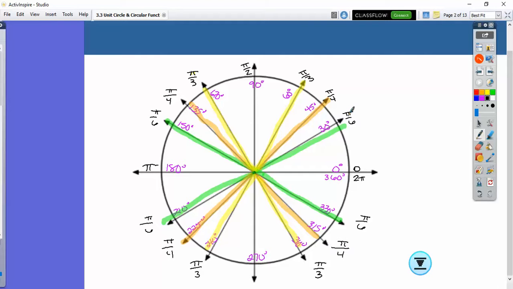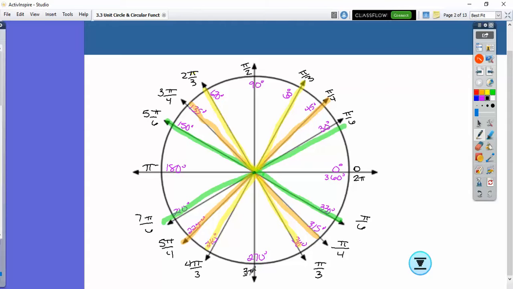What's the pattern in the second quadrant? One less, because it's smaller than 180. So it'll be 5 over 6, 3 over 4, 2 over 3. And then the third quadrant is one more. So 7 over 6, 5 over 4, 4 over 3. What would this one be?